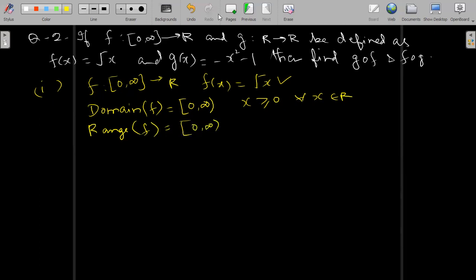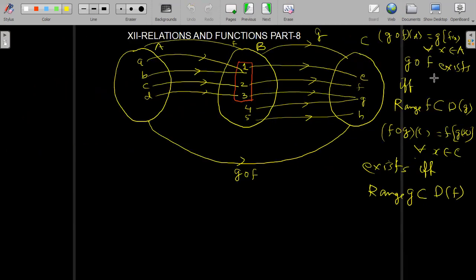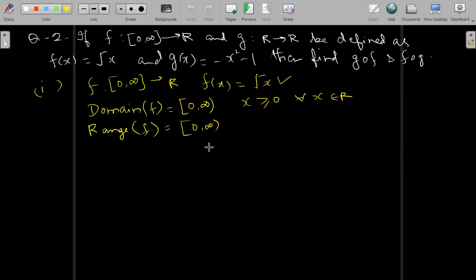So we missed one thing here. The range can be equal to the same, or less than. So here we are getting the domain and range. So the range of f we got.